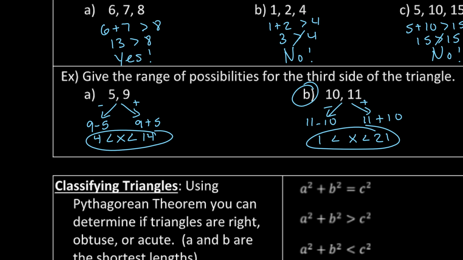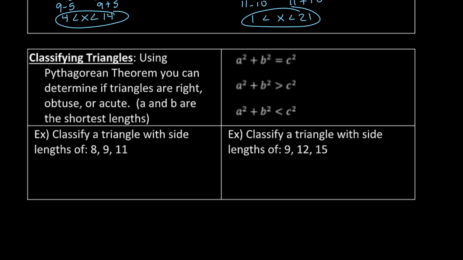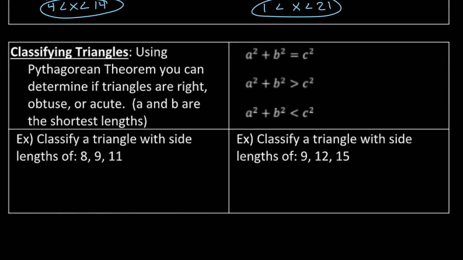Okay. So last thing before you can start your Go Formative. Now that we know how to figure out if three numbers can form a triangle, we're going to learn how you can use side lengths to classify a triangle based on angles. So anytime they give you 3 sides and they say, okay, is this a right, obtuse, or acute triangle?